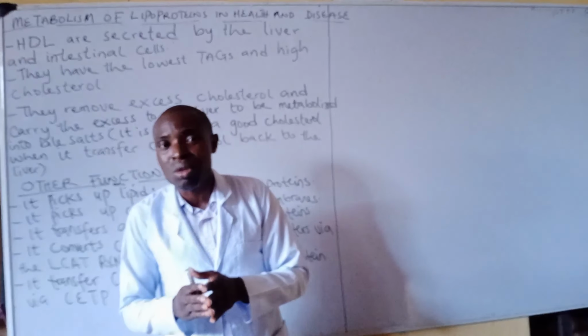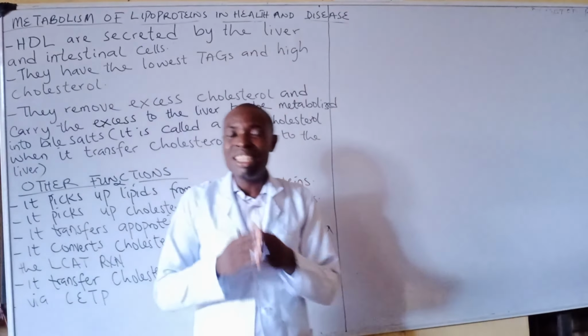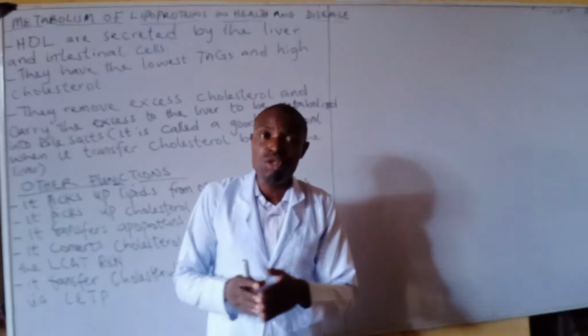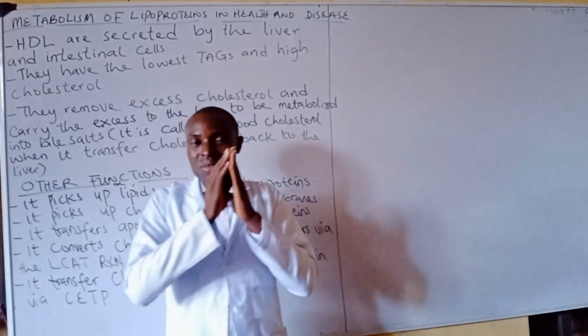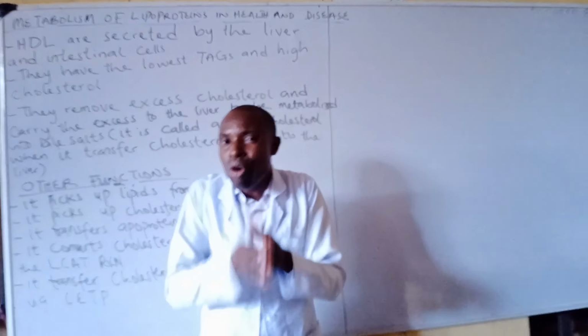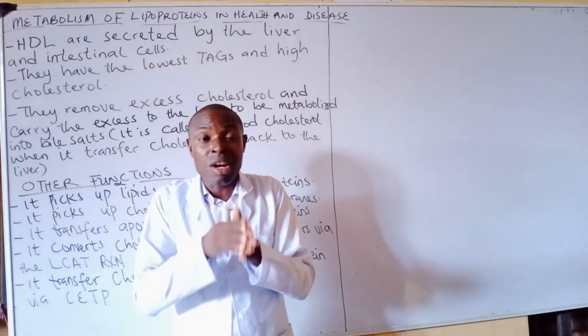Chylomicrons deliver TAG to the peripheral tissues, while the VLDL delivers de novo TAG to the peripheral tissues, and the LDL delivers cholesterol to the peripheral tissues.